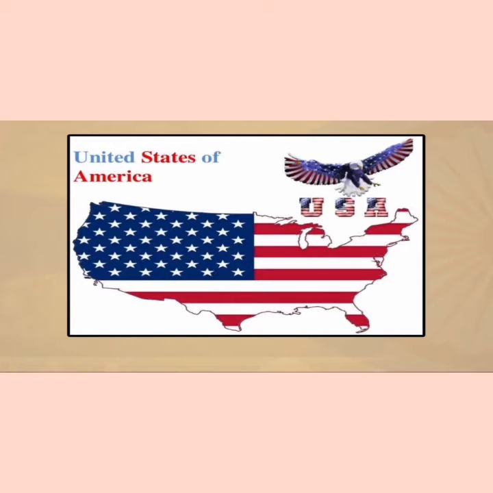The US Congress consisted of two houses, the Senate and the House of Representatives. Each state had equal representation in the Senate, but in the House of Representatives, each state was allotted a number of members in proportion to its population.